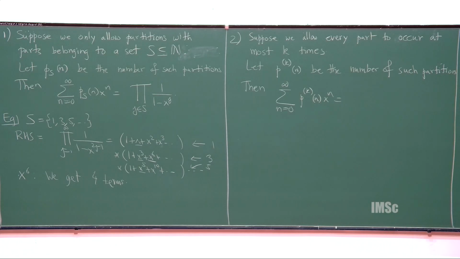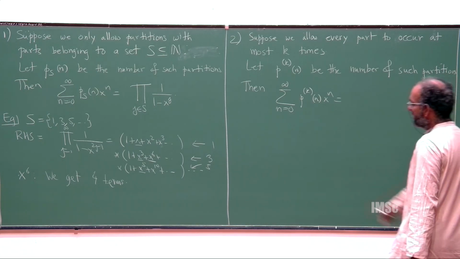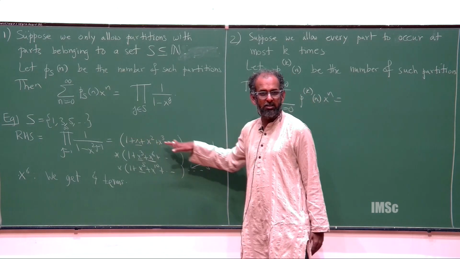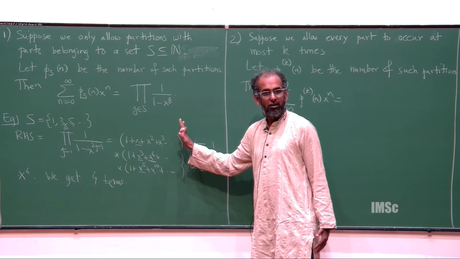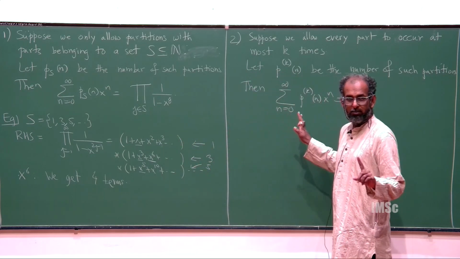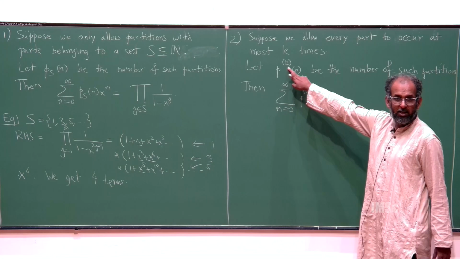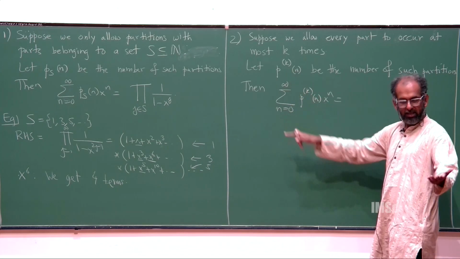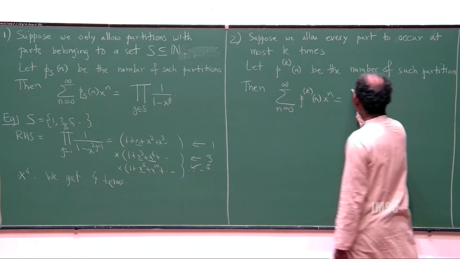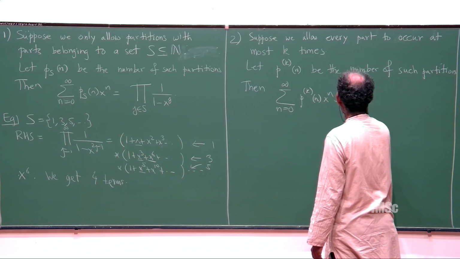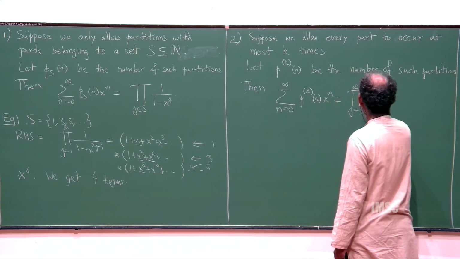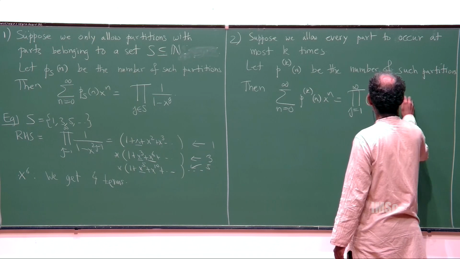I allow all of them. But now I fix k, so basically I have to truncate this geometric series up to x to the k, exactly what you said. So this is now a product over j equal to 1 to infinity of 1 plus x plus etc. up to x to the j.